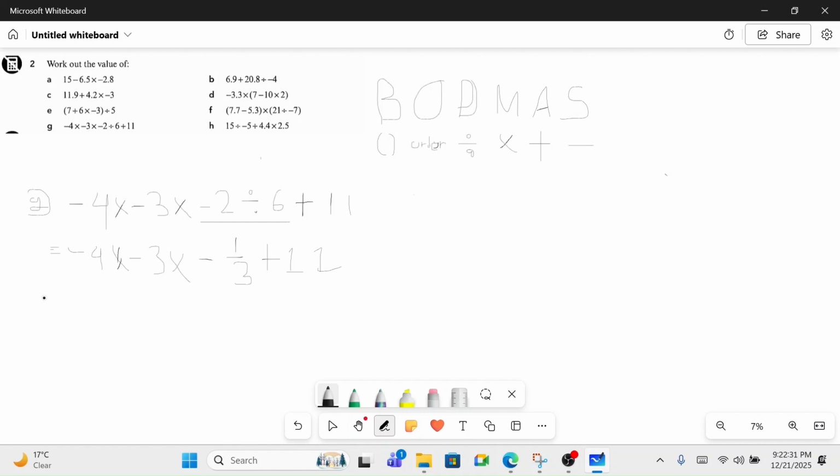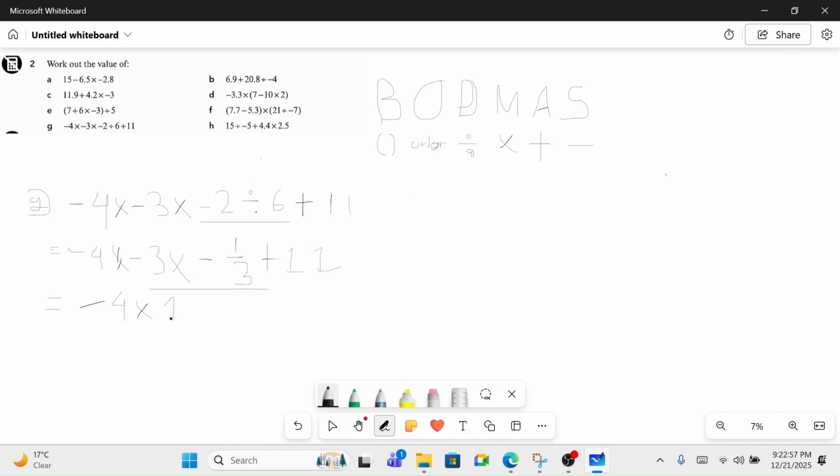Now what do we have? We're going to work with this line here. So it's going to be minus 4 times, so minus 3 times minus 1/3 should give us an answer of positive 1.